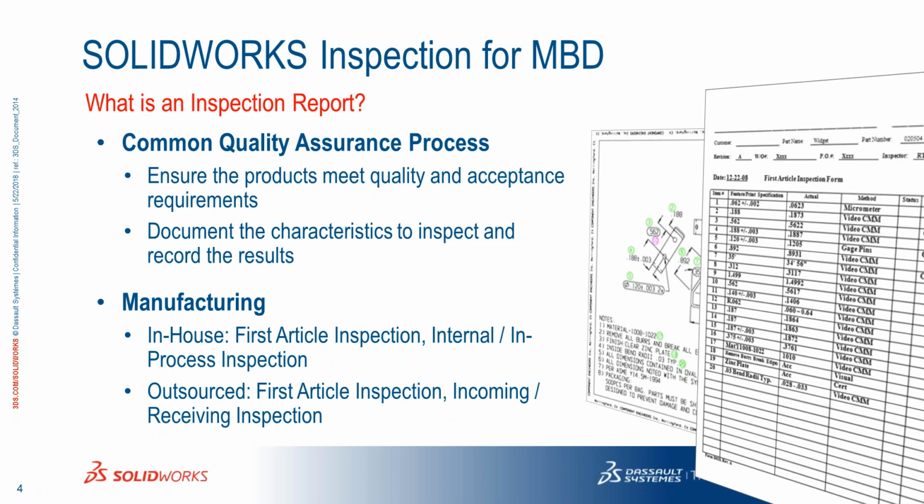In addition to this, you often have a 2D print with balloons on it to indicate and reference what characteristic needs to be inspected. Most of the time, our customers are using those for first article inspection, internal in-process inspection, and incoming and receiving inspection.